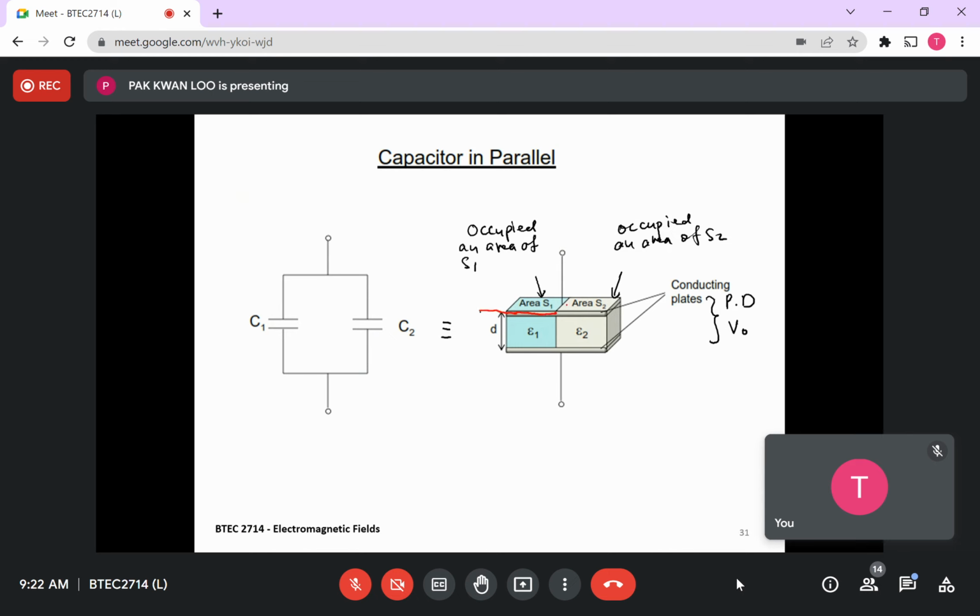So the charge density for area S1 and also for S2 will be different, just due to the fact that we have different permittivity.